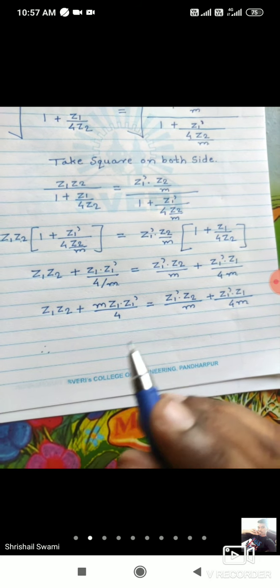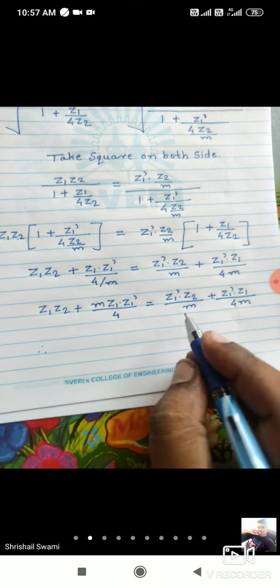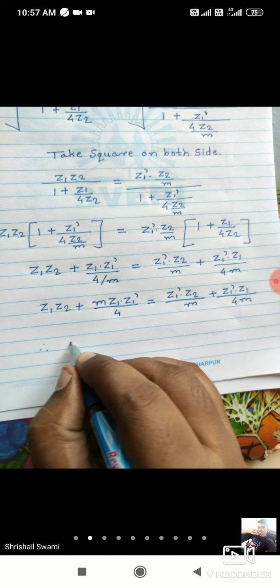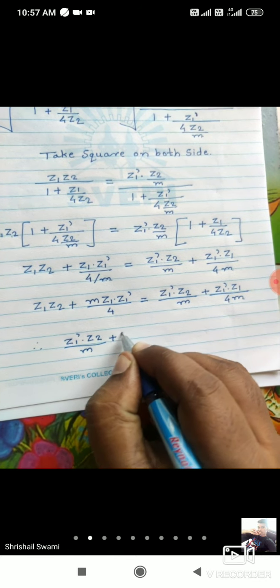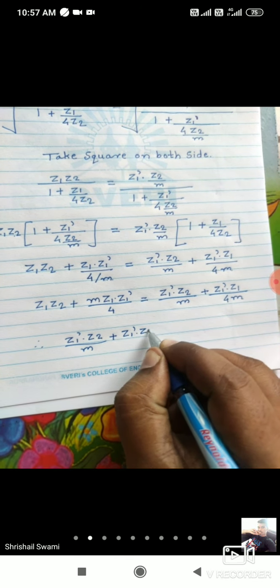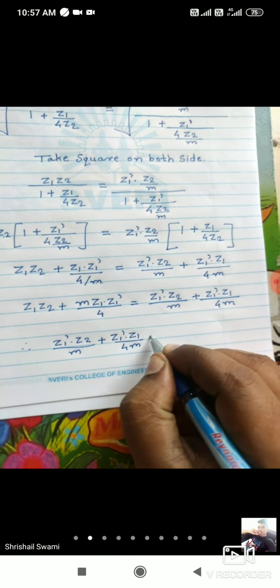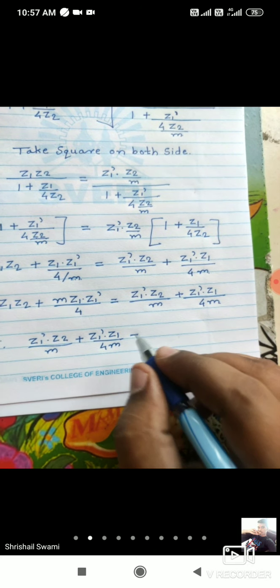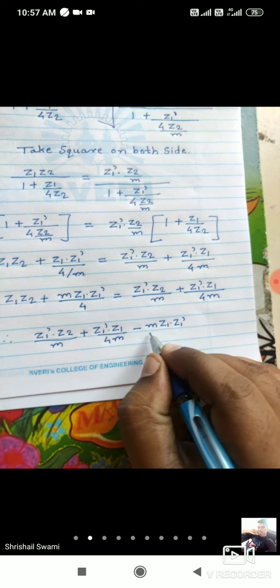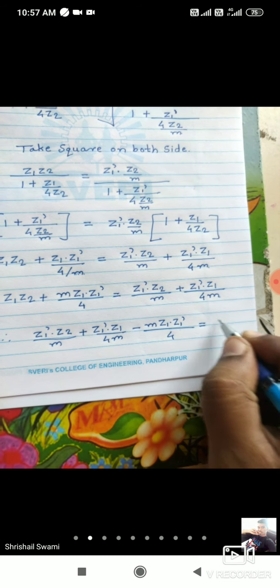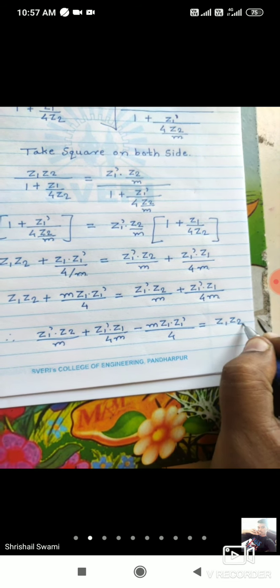So Z1 dash into Z2 divided by M plus Z1 dash into Z1 divided by 4M, minus, this goes to the right hand side, becomes minus M into Z1 dash divided by 4, is equal to Z1 into Z2.